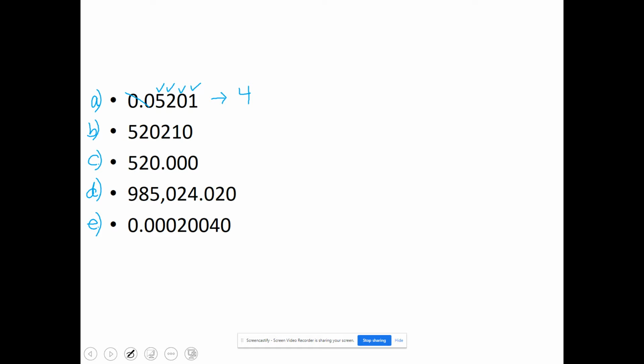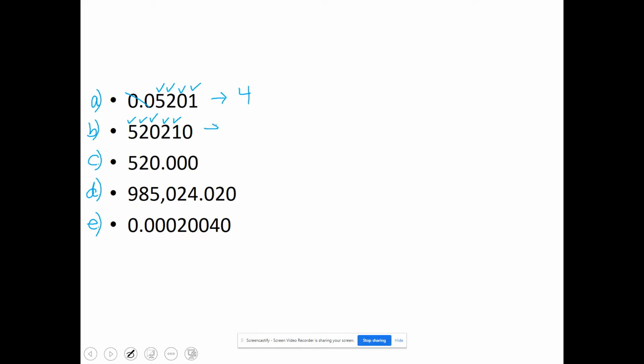The next one, what did you get? So 5 counts, 2, so we at least have 4. This 0 counts. And then this last 0 is an ending 0, but there's no decimal point, so it doesn't count.